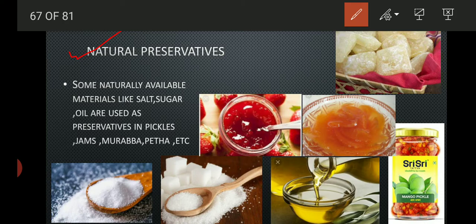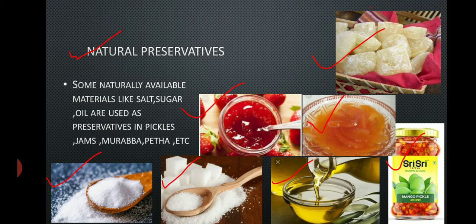Some naturally available materials like salt, sugar, oil are used as preservatives in, you can see here, pickles, jams, murabba, petha, etc. So this is one type, that is natural preservatives.